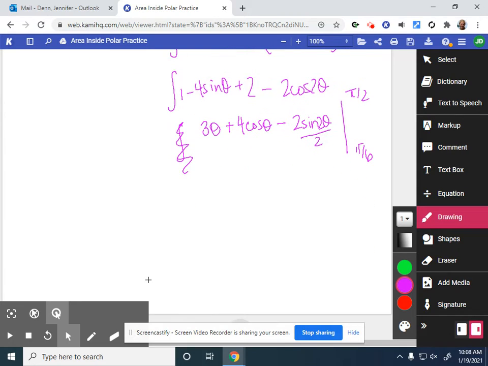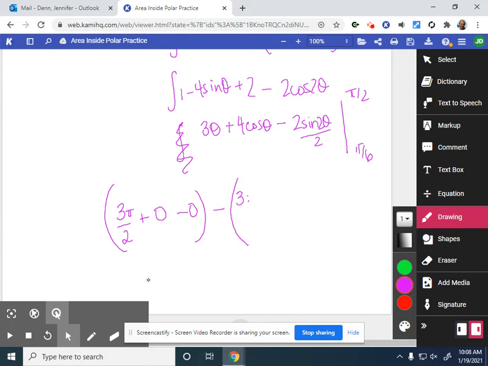Okay, stuff is going to cancel. Let's see what happens. So I'm going to plug in pi over 2. So I'm going to have 3 pi over 2 plus 4 times the cosine of pi over 2, so plus 0, minus 2's cancel, sine of 2 pi over 2, which is the same thing as the sine of pi, which is 0, minus, plug in pi over 6.